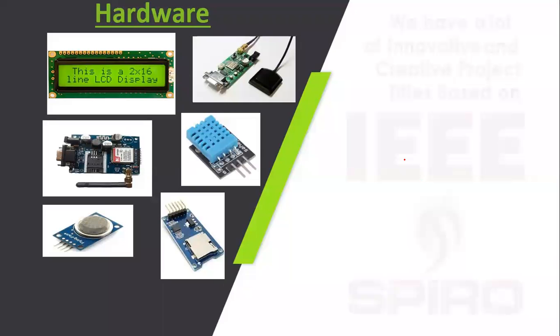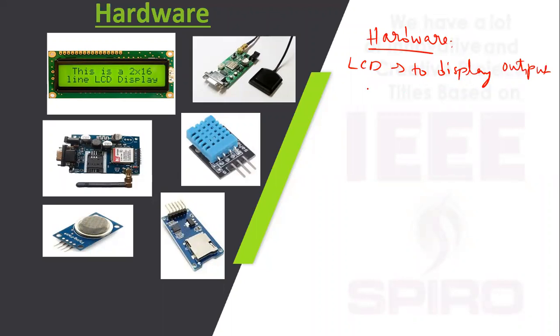So, the hardware used in the project. The LCD is to display output. The LCD we are using is 16 cross 2, where 2 is the rows and 16 is the columns.